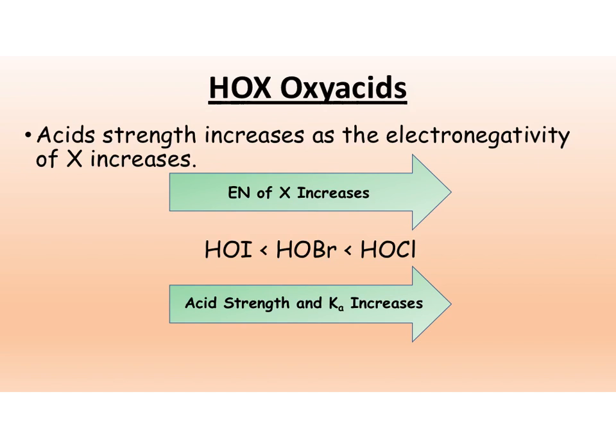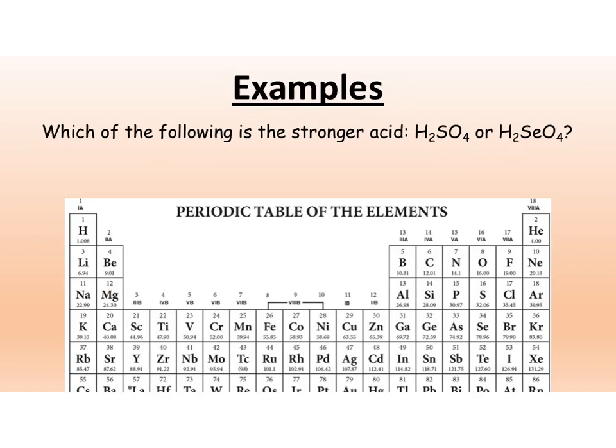As electronegativity of X increased, going from I to Br to Cl, we saw that the strength and the Ka also increased. Some examples: we have H2SO4 and H2SeO4. I want you to notice that the only thing different about these is the S and the Se.